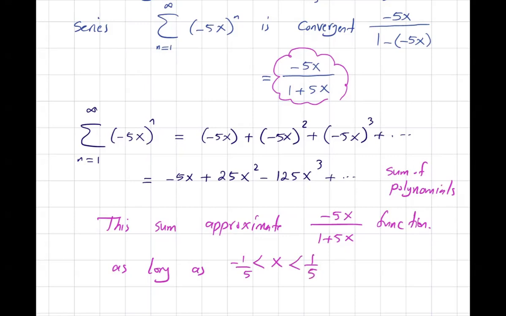You can take a look at Desmos and actually visualize this. Let us pull up Desmos and show you how this approximates this function. Now let me share the screen.